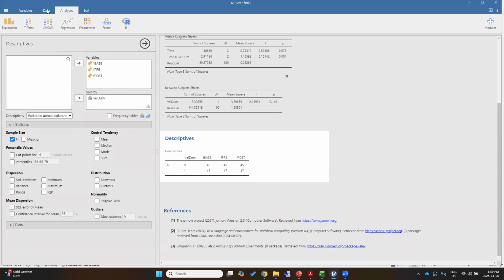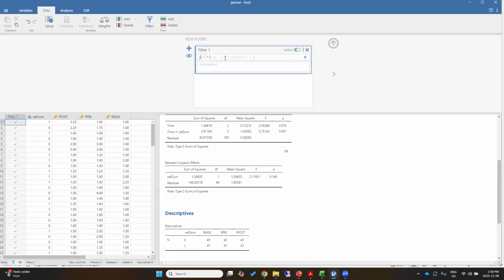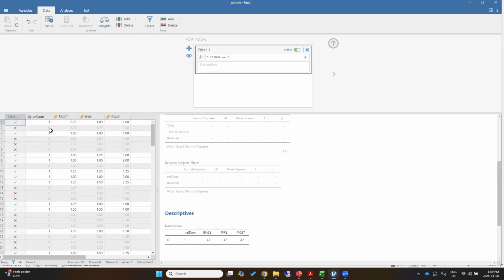To do that, recall that we have to go to our data and we have to create a filter where our velocity condition, so valcon, or valdum, excuse me, equals 1. We just want that. So you can see anytime it equals 0, it gets X'd out. Those people are now not in the data. They're not included in anything I do.